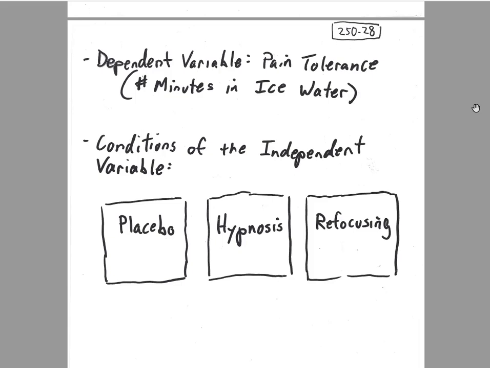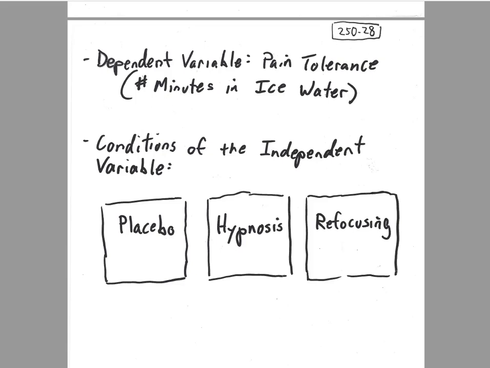You've got the water down pretty close to the temperature of freezing. You tell a given participant to stick his or her arm into that bucket of ice water and hold it there for as many minutes as they can tolerate. The longer they can hold it there, the better their pain tolerance. That's your dependent variable. How many minutes can they keep their hand in the bucket of ice water?